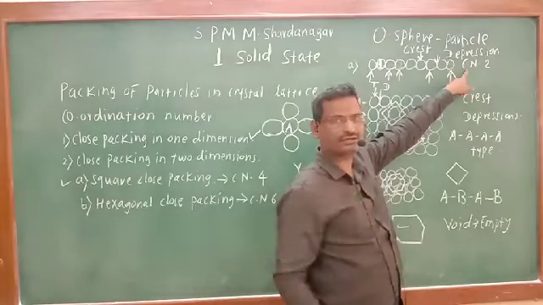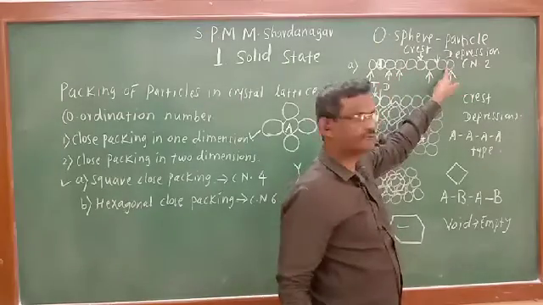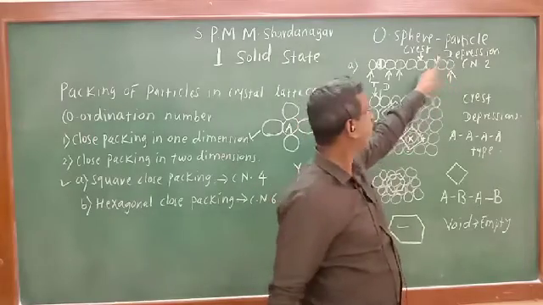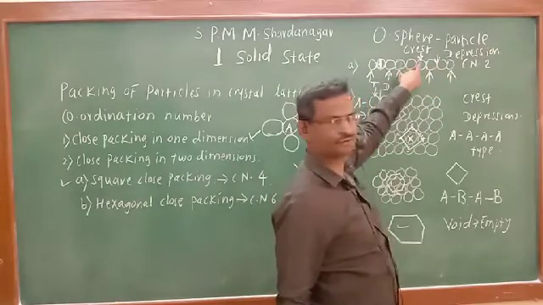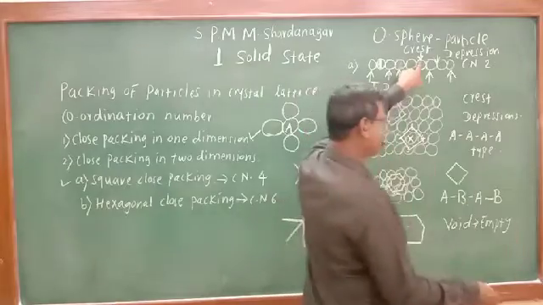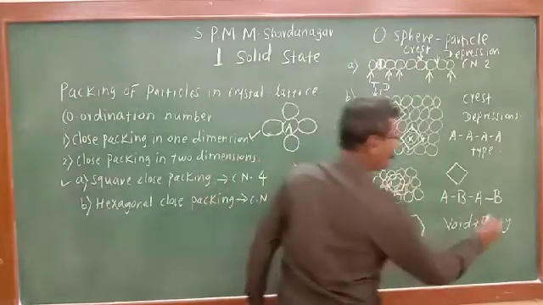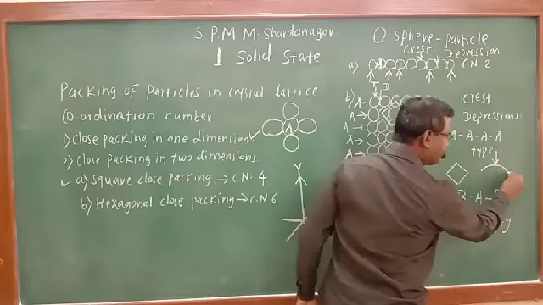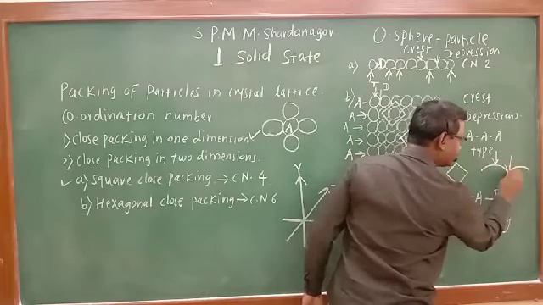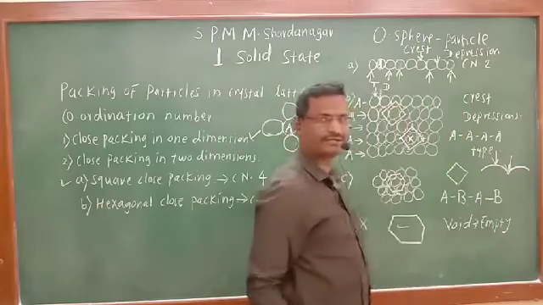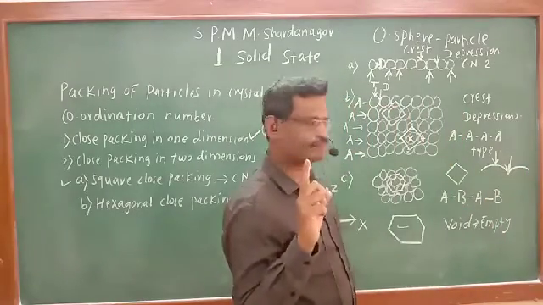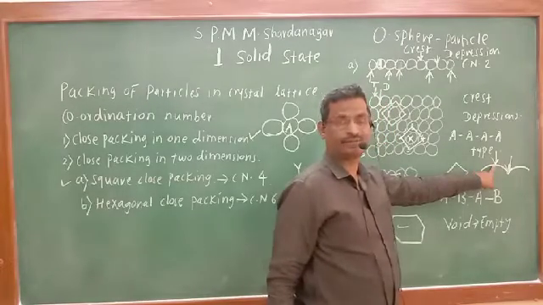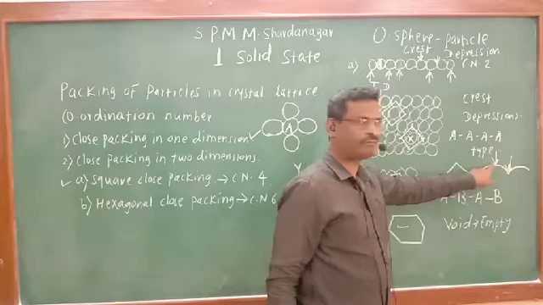For this type of structure, there are 2 important things I am explaining: depression and crest. What is crest? Crest is like this. This part is a crest. And what is depression? Depression is this part. You got the difference between crest and depression. Crest is this part of the sphere, the upper part of the sphere.